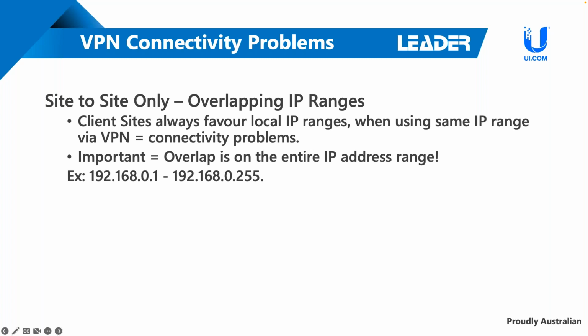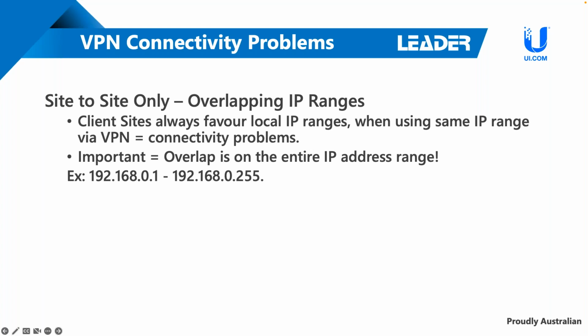So your client sites will always tend to favor their local IP ranges first instead of trying to reach a VPN link with the same subnet. So if I have the same subnet set up on both sides, it will always try to access the local one first, meaning that you'll have connectivity issues to the remote one.